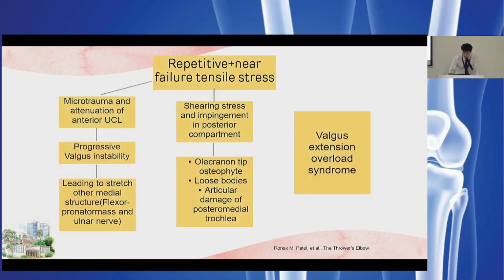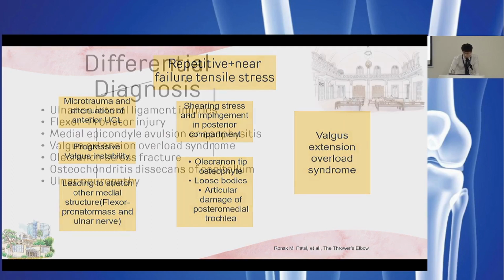The repetitive and near tensile stress causes microtrauma and attenuation of the anterior UCL, which leads to progressive valgus instability, stretching other medial structures such as the flexor pronator mass and ulnar nerve. Shearing stress and impingement in the posterior compartment cause osteophytes, loose bodies, and articular damage of the posteromedial trochlea.